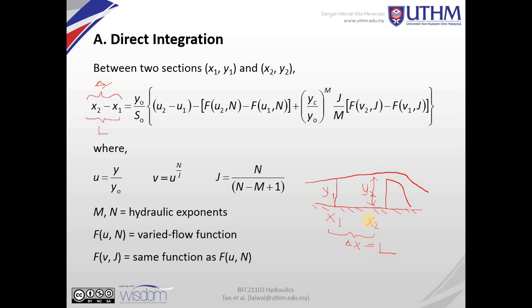However, if you want to have more accurate results, we need to have more than one segment. So the more segments we consider, the more accurate the result we will obtain. More segments means we need to create a table of calculation to ease our job. And the length of the GVF, which is bounded by the two GVF depths, is the summation of delta x for all rows of calculation.